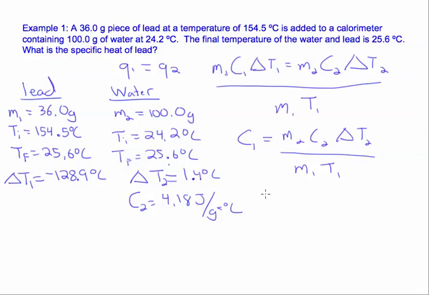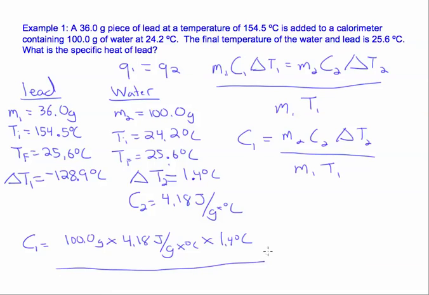So when we plug into this equation, we have M2 times C2 times delta T2 divided by M1 times delta T1.